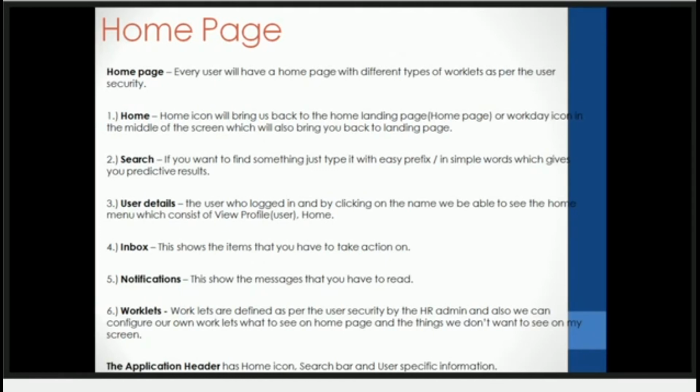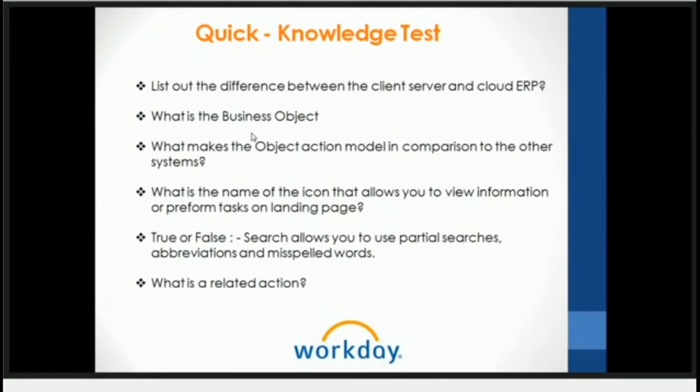Search: if you want to find something, just type it with an easy prefix or in simple words, which gives you productive results. User details: the user who logged in, by clicking on the name, will be able to see the home menu, which consists of view profile and others. These are all the things we have discussed already.